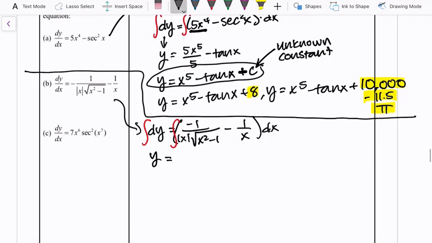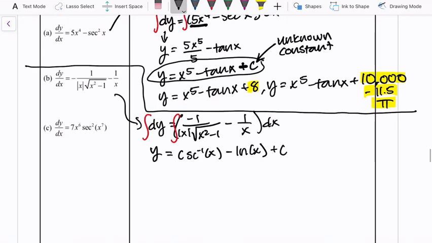And as it turns out, that is inverse cosecant of x. Okay, and then, what function's derivative is 1 over x? Aha, well, that's going to be natural log. And since we're finding the general solution, I want to make sure I'm adding on that plus c.